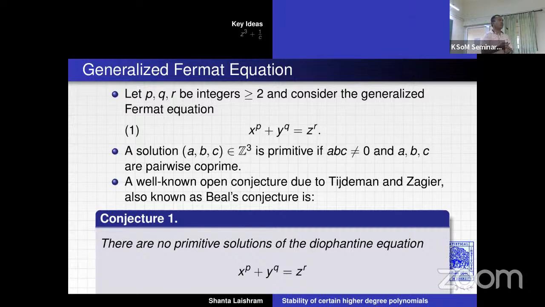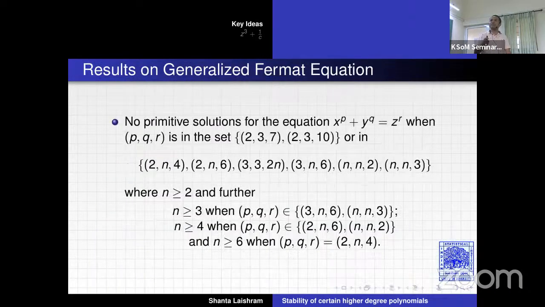A well-known open conjecture due to Tijdeman and Zagier, also known as Beal's conjecture, is that there are no primitive solutions to this Diophantine equation when p, q, r are all bigger than 3. Of course this is open, but we have some partial results.